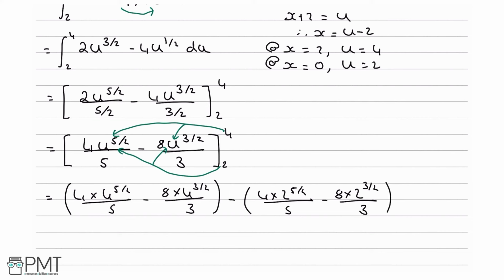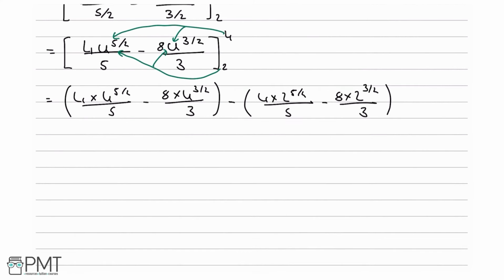Now, if you were to plug these into your calculator, this equals 128 over 5 minus 64 over 3, minus, so this minus is applied directly to this term here, minus 16 root 2 over 5, and then minus a minus is a plus, so it's going to be plus 16 root 2 over 3.